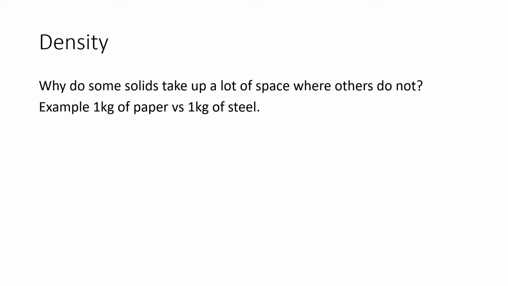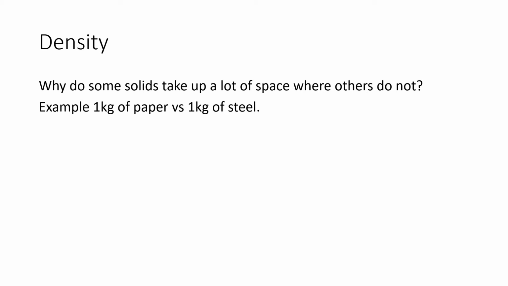What is even the first step to understanding that? I need to look at the density of the object. Comparing 1 kilogram of paper, I have 1 kilogram of paper here, about that much, versus 1 kilogram of steel. That's only this much. Why are they different sizes?